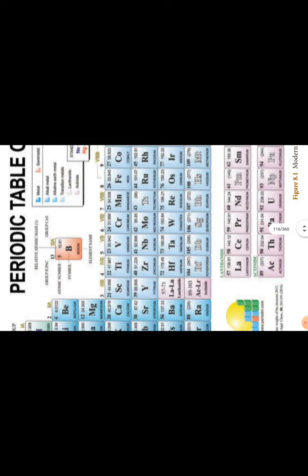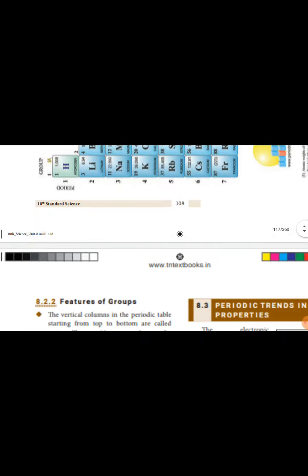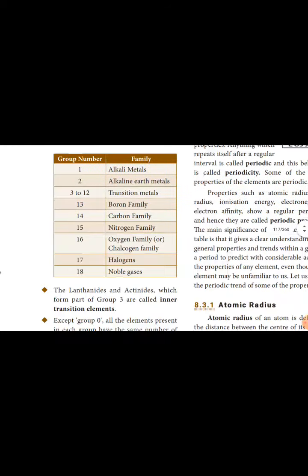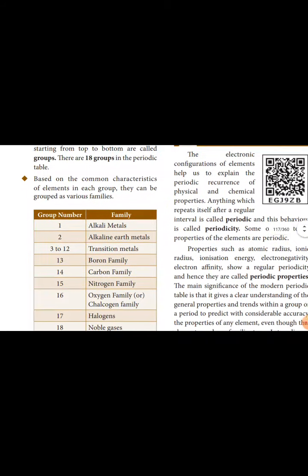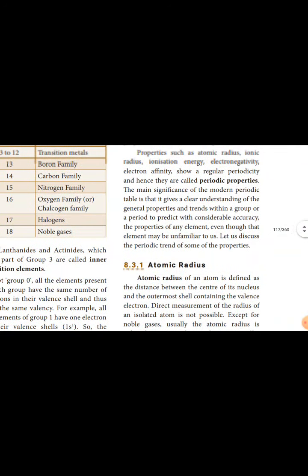You should know how to read the elements in the modern periodic table and the features of groups. There are 18 groups. The vertical columns are called groups, and these groups are classified based on some properties, like various families and inner transition elements.